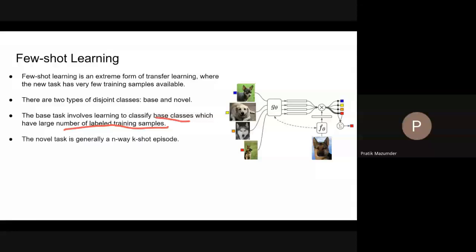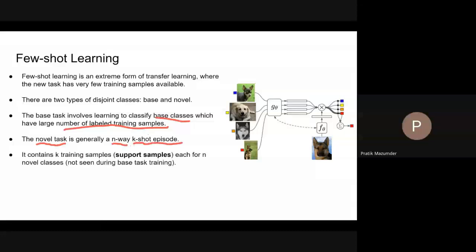Novel classes are generally provided in the form of a task, also known as an episode. A novel class episode will be n-way k-shot, which means it will have n classes and k training samples per class. These k training samples are also known as support samples within the few shot domain, for each of the n novel classes.